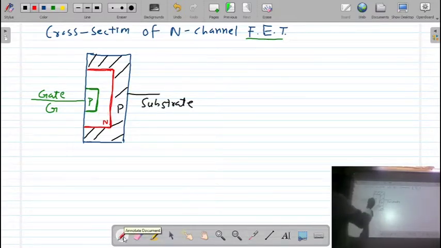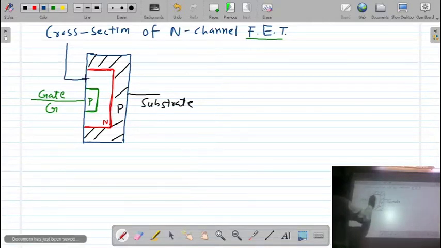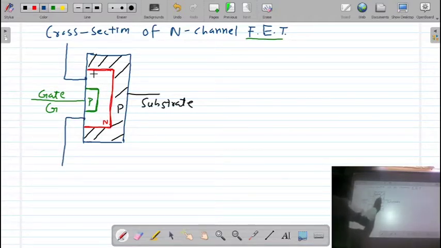At the two ends of the N-type semiconductor material, two ohmic contacts are made. One end is known as the drain, the second end is known as the source.